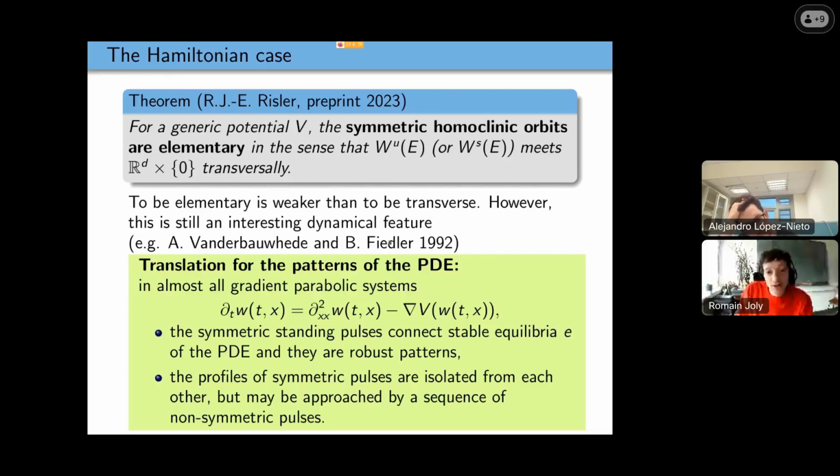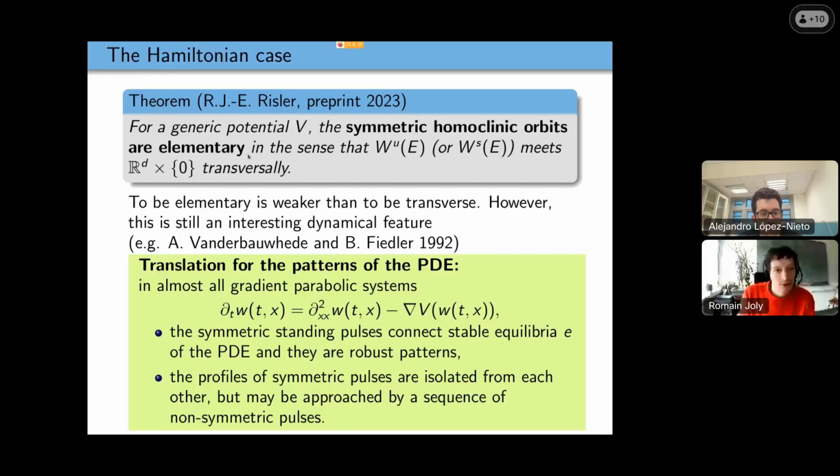In this work they prove that once a symmetric homoclinic orbit is elementary, you can get some interesting dynamical features. It's weaker than transversality, but for symmetric homoclinic orbits, it still has some consequences and interesting properties.